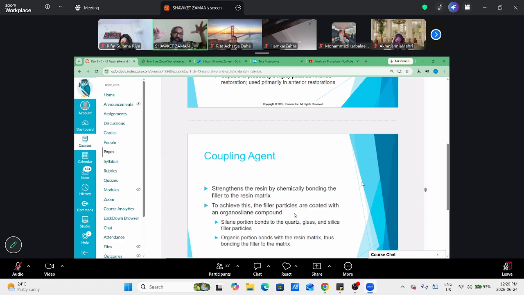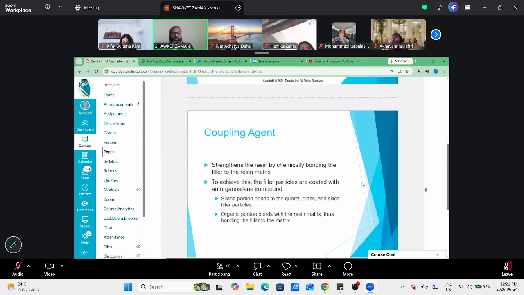Resin is a viscous material, but it is not strong enough to be used as a restorative material. The filler particles are small glass particles which we sprinkle or embed in this plastic material. They need to come together, and with the help of coupling agents, they do. As you can see, it strengthens the resin by chemically bonding the filler and the resin matrix. When they come together, they make a strong bond.